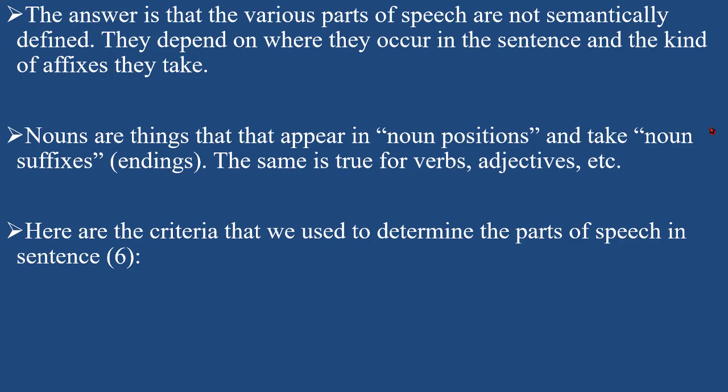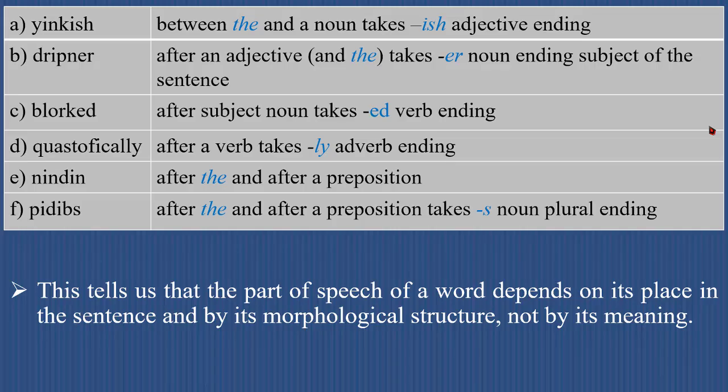Here are the criteria that we use to determine the parts of speech in sentence 6. For example, in Kish, it is between the and the noun, and it takes ish, which is an adjective ending. So if you look at English, you would say it's an adjective, even though this word doesn't exist.